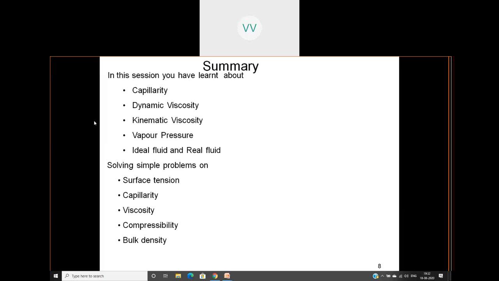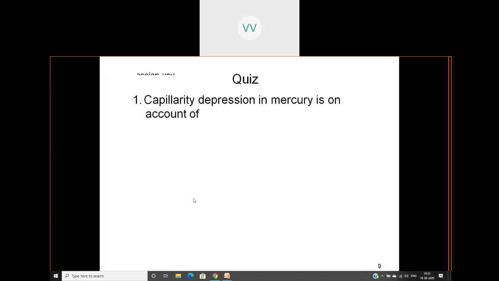We have solved simple problems on all these things in the previous class, and we have continued and found out solved problems on viscosity and surface tension and capillary rise and fall also. So let us try to solve some quiz problems which are based on the properties of fluids.